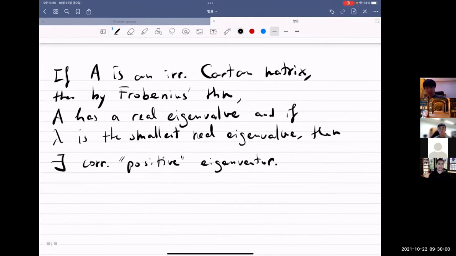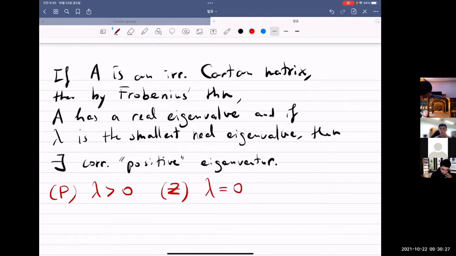Positive means that every entry is positive, okay? Then we have 3 different cases. So we usually denote by P when lambda is positive. So when this lambda is positive, we call this Cartan matrix A of positive type. And similarly, zero type when lambda is 0, and negative type when lambda is less than 0.